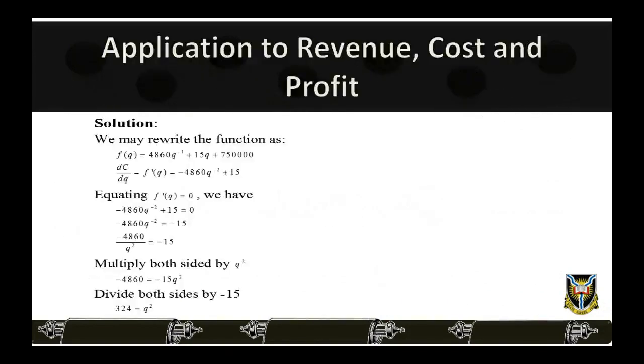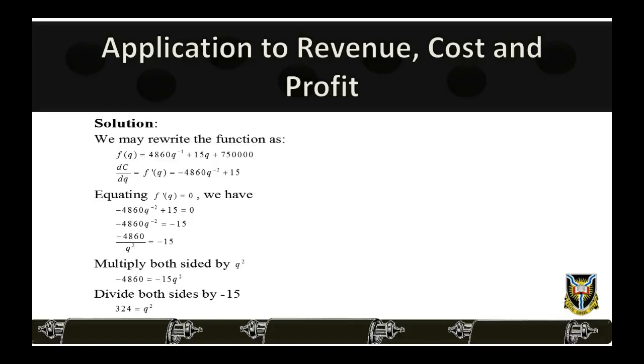We can rewrite the function as f(q) = 4,860q^-1 + 15q + 750,000. dC/dq = f'(q) = -4,860q^-2 + 15.